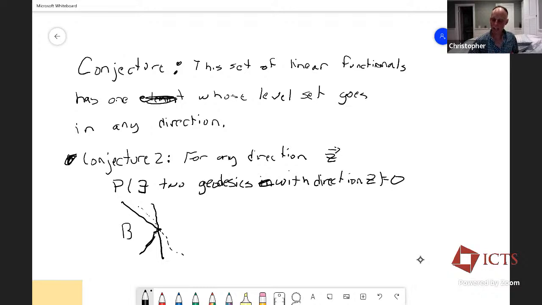And the geodesic has to be pointed in the direction of that point where there's a sharp corner. So if the boundary of the shape were not differentiable, then I would have multiple geodesics. If conjecture 1 is true, then I would have multiple geodesics in that direction, and that contradicts conjecture 2.